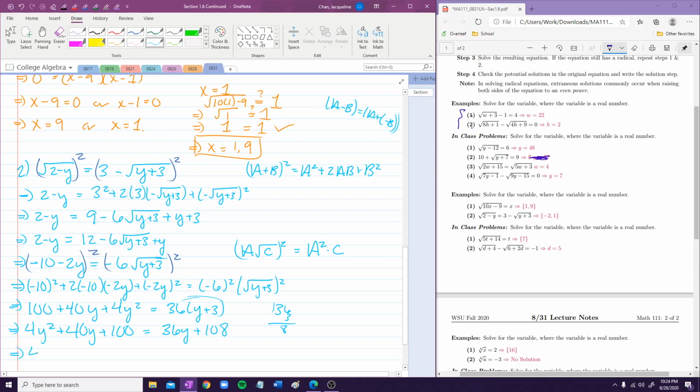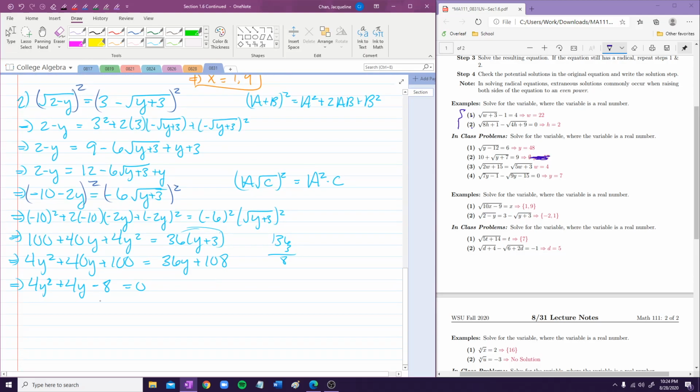Right, so we have 4y squared. If we subtract 36y from both sides, we are left with 4y. And then if we subtract 108 from both sides, we're left with negative 8. I notice every term has a 4 in common, so I'm going to factor that out. So I'm left with y squared plus y minus 2 is equal to 0.